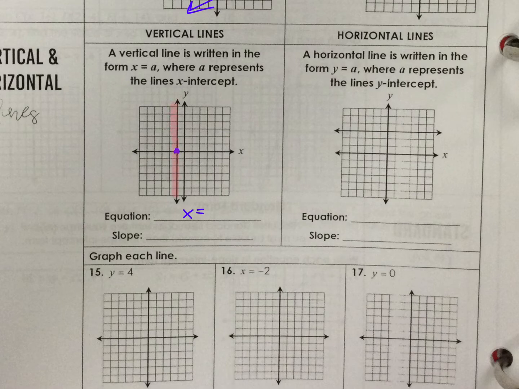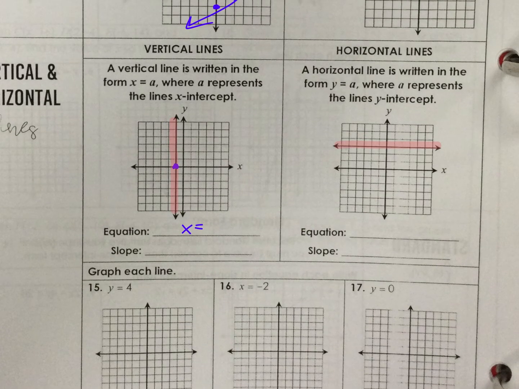So we're talking about this red line right here. In a minute, we'll talk about this one over here. Okay, that red line started at x is negative 1. And then we go up and down with the x lines, which is opposite of what you think it should be. And the slope is always undefined.